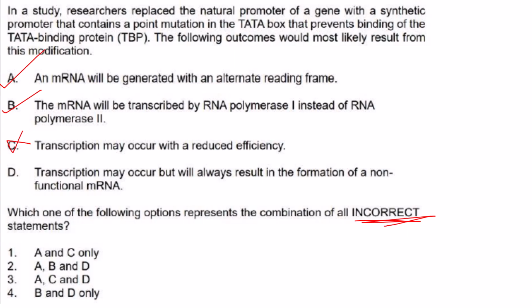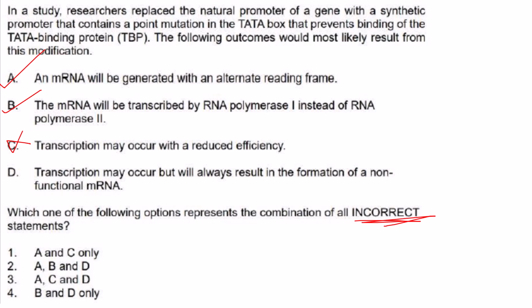Then transcription may occur but will always result in the formation of non-functional mRNA. See, if it has to result in a non-functional mRNA, the gene's coding sequence has to be mutated. Only then it will result in non-functional mRNA. Here the Tata box is the one which is mutated, not the gene's coding sequence.